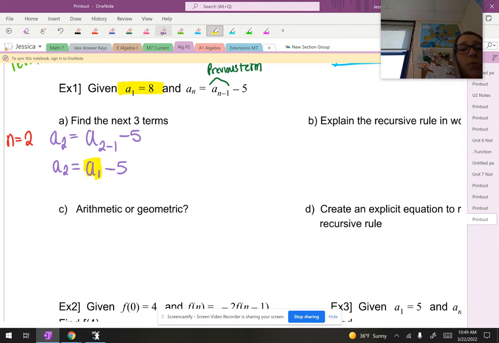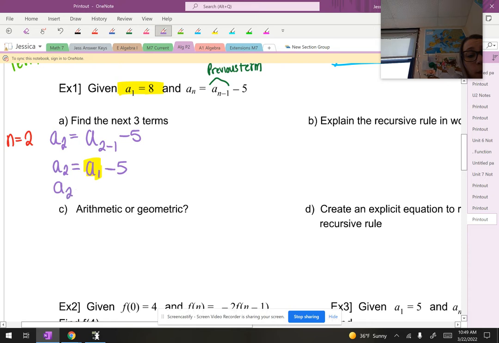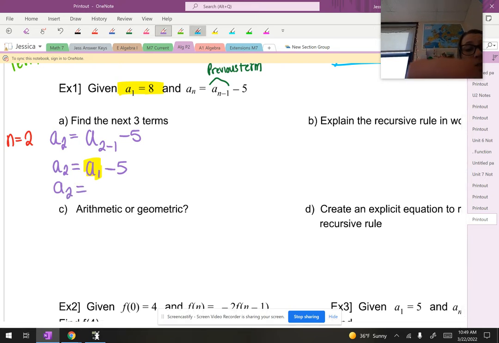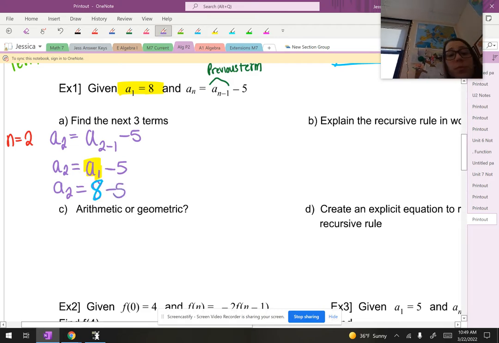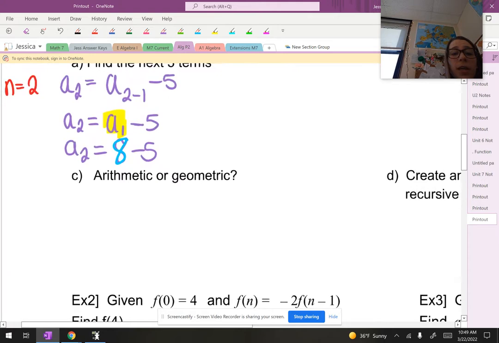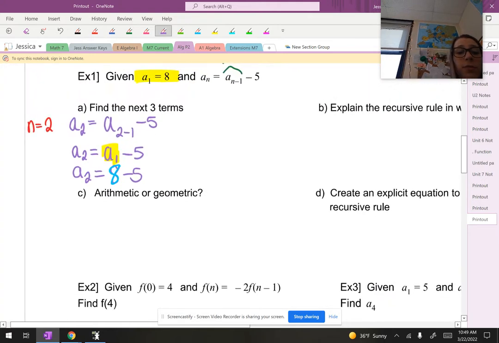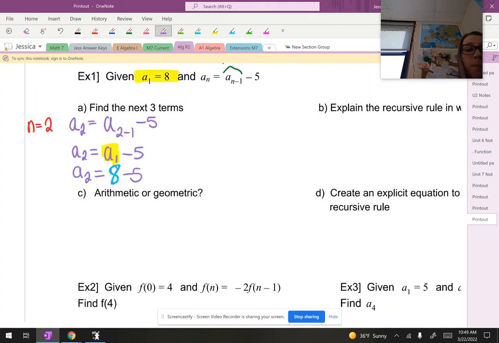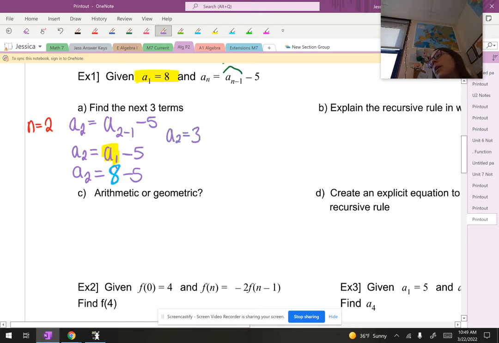So I can now replace a sub 1 with 8, giving me an a sub 2 value of 8 minus 5 is 3. So a sub 2 would be 3.